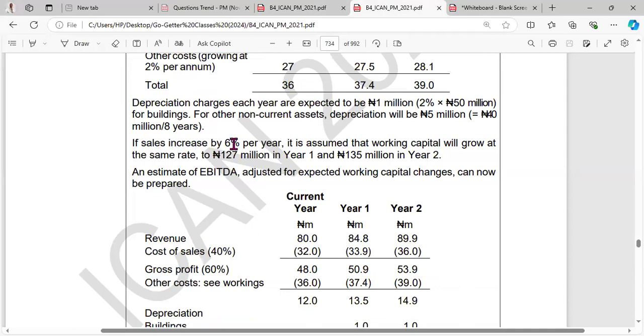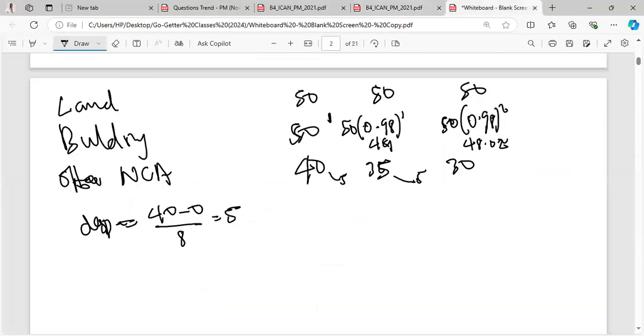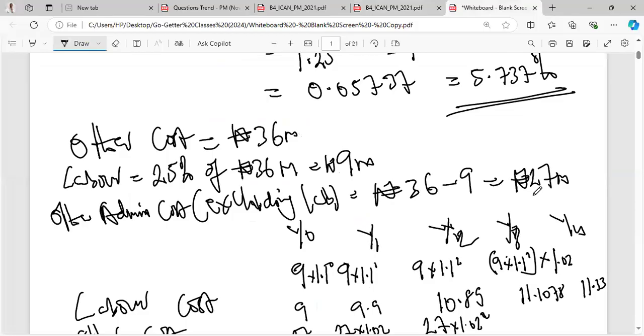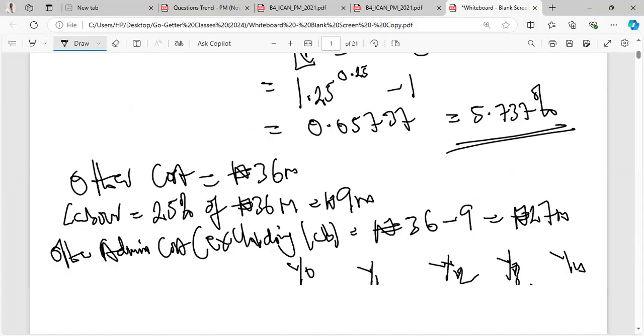If sales increase by 6%, it is assumed that working capital will grow at the rate of 6%. So we said before that our sales growth was 5.737. We decide to use that.